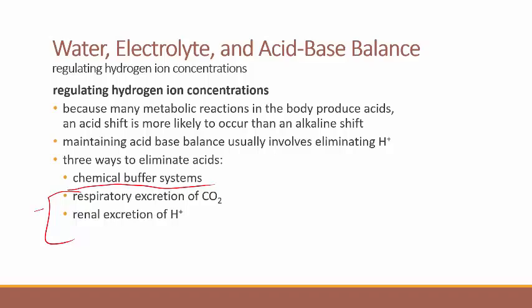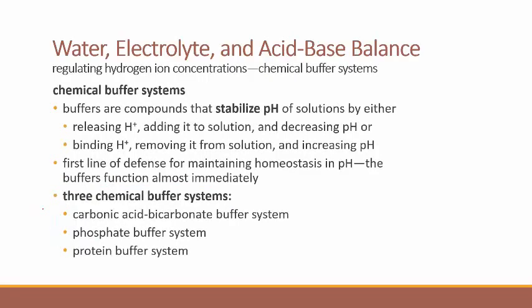So buffers, one more definition here, buffers are compounds that can stabilize the pH of a solution, and they do it because they can release hydrogen ions if things are becoming basic, and so pH is going up, and as they release hydrogen ions, they cause the pH to decrease again, to get back toward homeostasis.